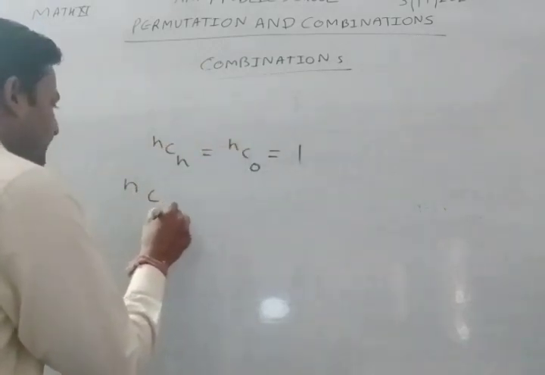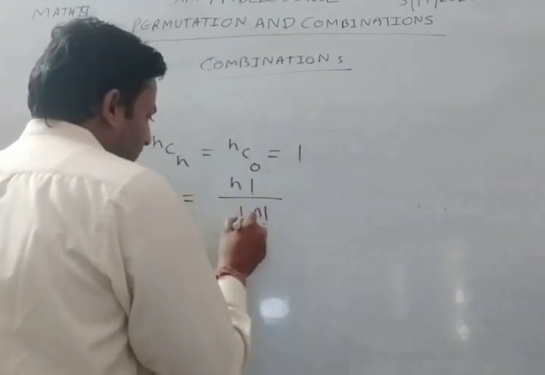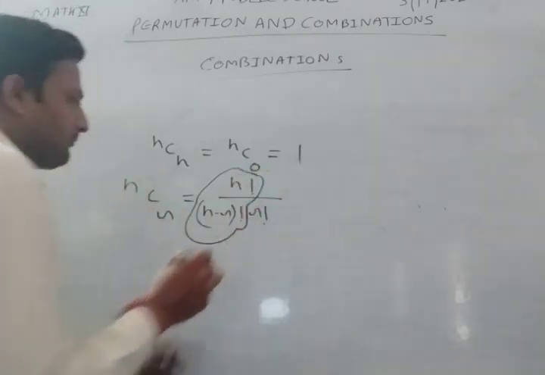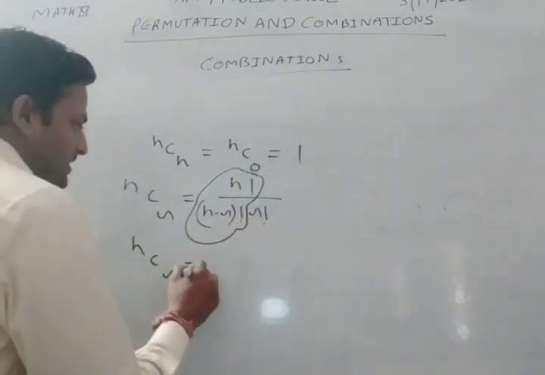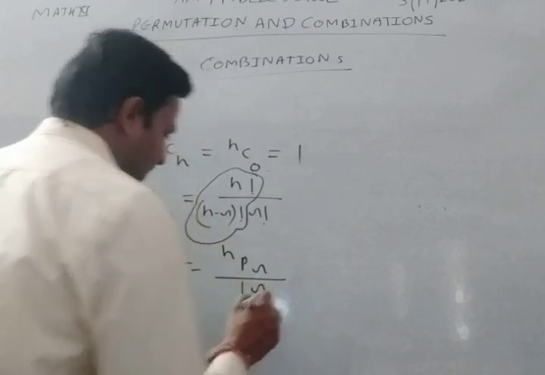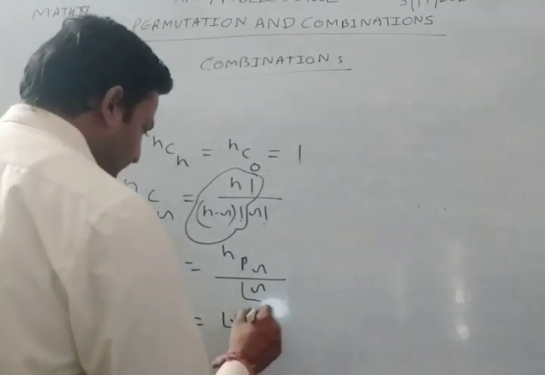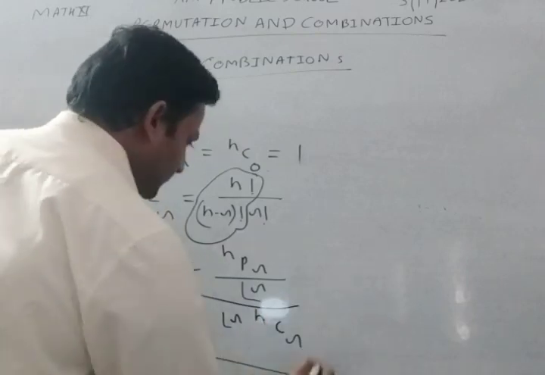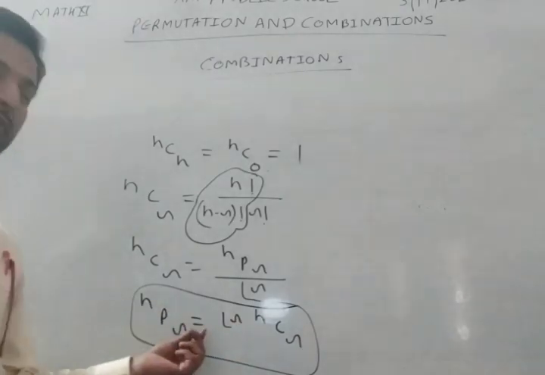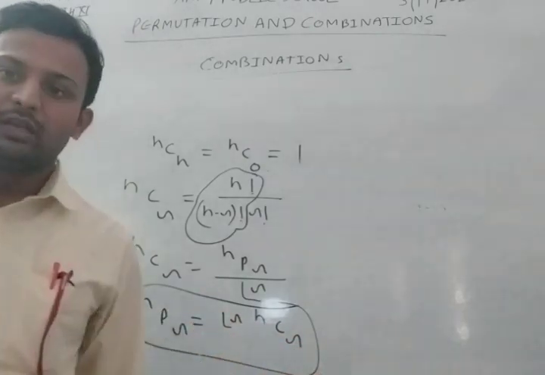Now we can write nCr equals factorial n by factorial r times factorial n minus r, and you know that factorial n by factorial n minus r is nPr. So nCr is nPr divided by factorial r, so nPr is equal to factorial r times nCr. This is the relation between permutation and combination: permutation equals factorial r times nCr.